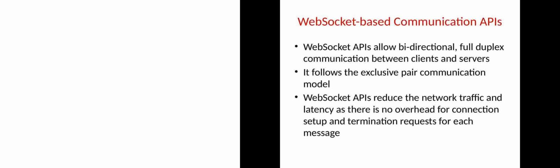Next, we go to the next one. So far, we were discussing one of the communication APIs, that was REST. Now we go to the second one, that is WebSocket based communication APIs. WebSocket APIs allow bidirectional full duplex communication between clients and servers.